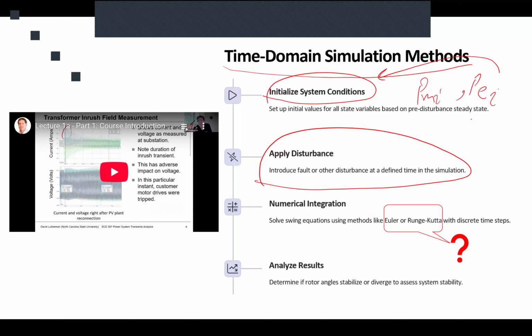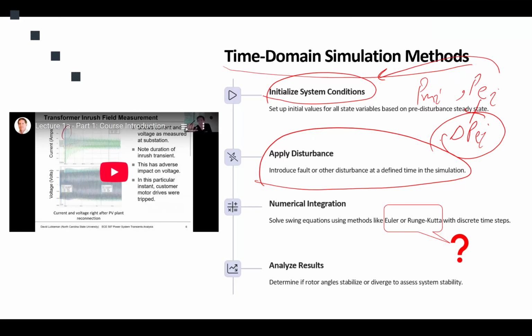Now we are going to add to the PEI a delta based on the fault. So PEI is changing due to the disturbance in our matrix. Now what's going to happen to that delta?